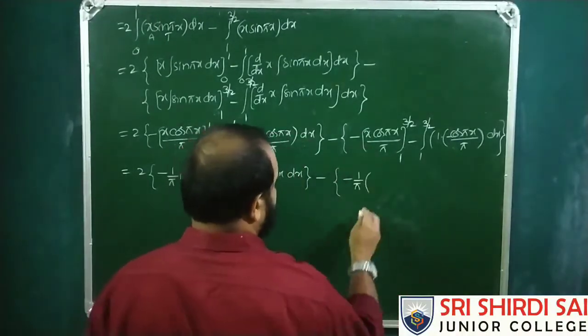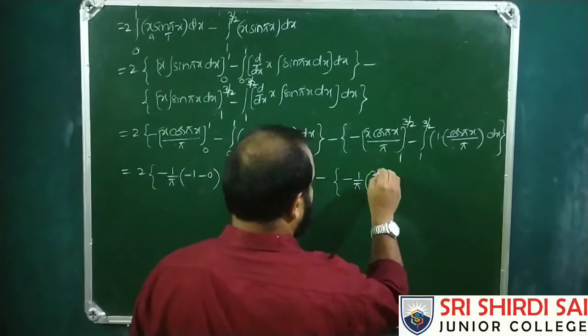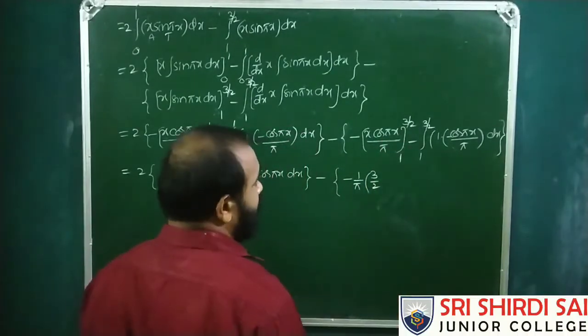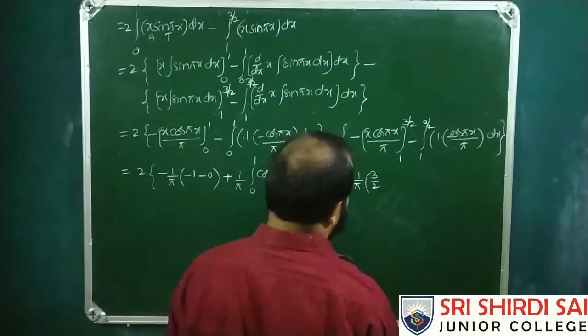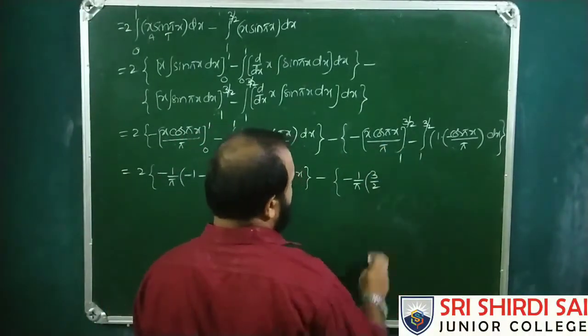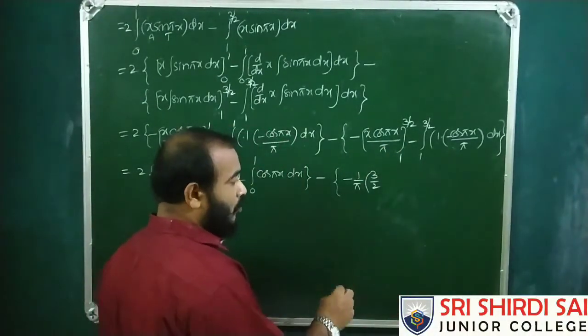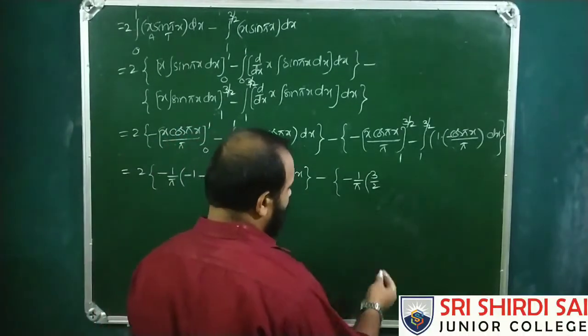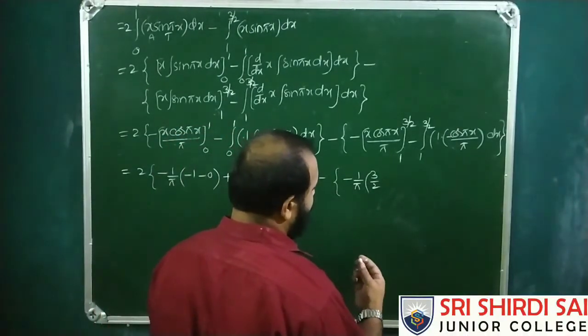This is 3 by 2 cos pi into 3 by 2, cos 3 pi by 2. Cos 3 pi by 2 is cos 270, cos 180 plus 90, which is minus cos 90, and cos 90 value is 0.